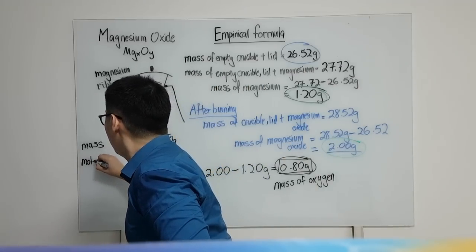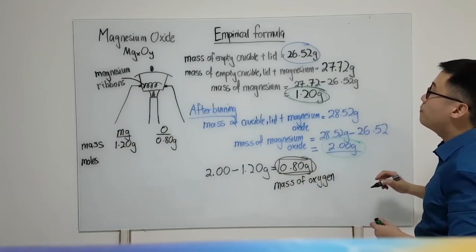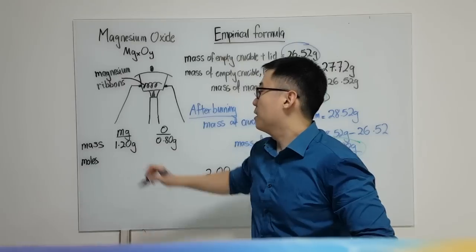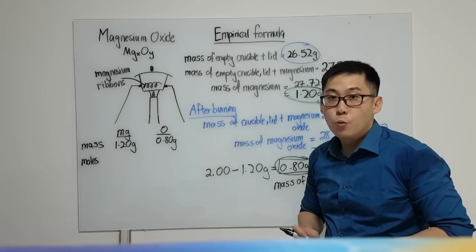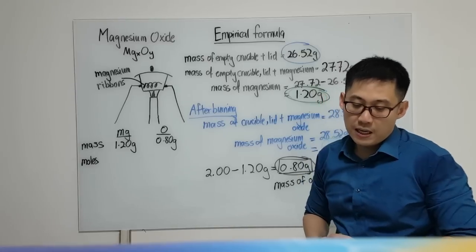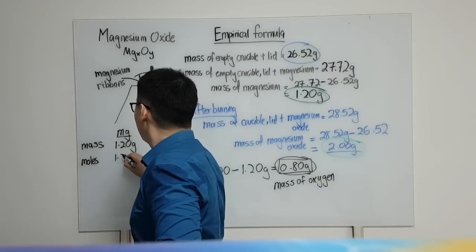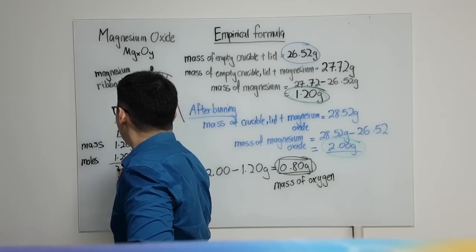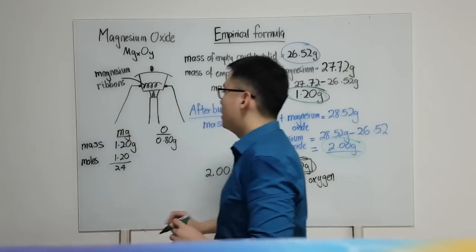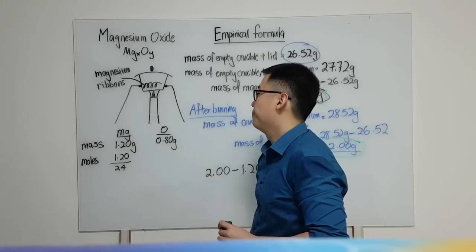Now, to do that, I will utilize what I have learned in the front just now, which is I will divide my magnesium with the relative atomic mass of magnesium. In this case, all I need to do is to take 1.20 divided by 24. This 24 is actually the atomic mass of magnesium.